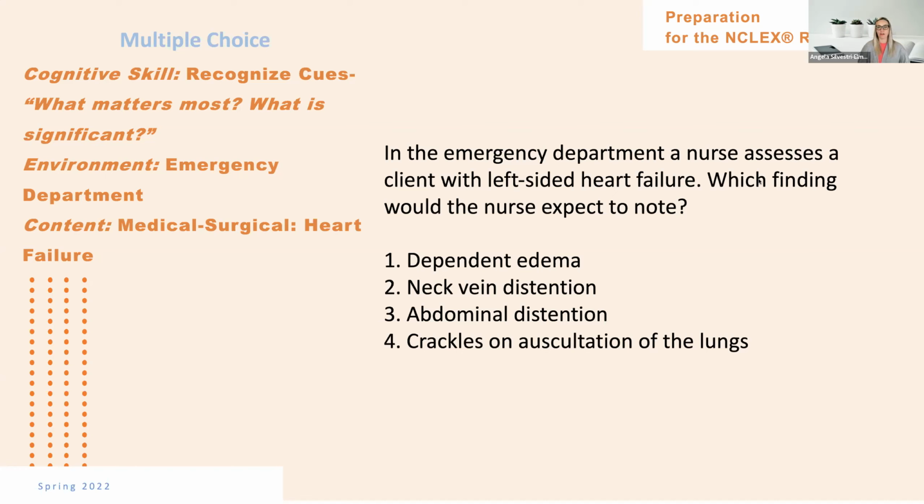Those are right-sided heart failure findings. With right-sided heart failure, you might see some or all of those, and you may also see crackles on the lungs, but with left-sided, you wouldn't see those other findings typically. Nice work, good job.